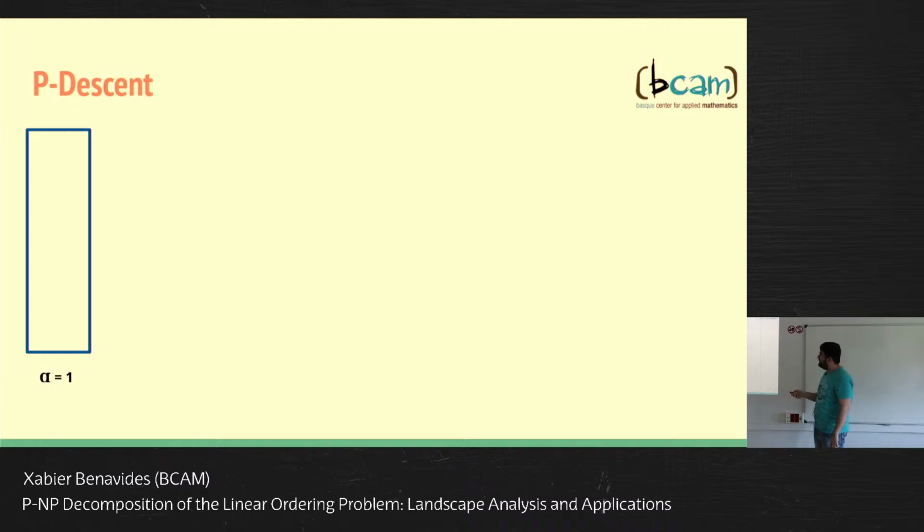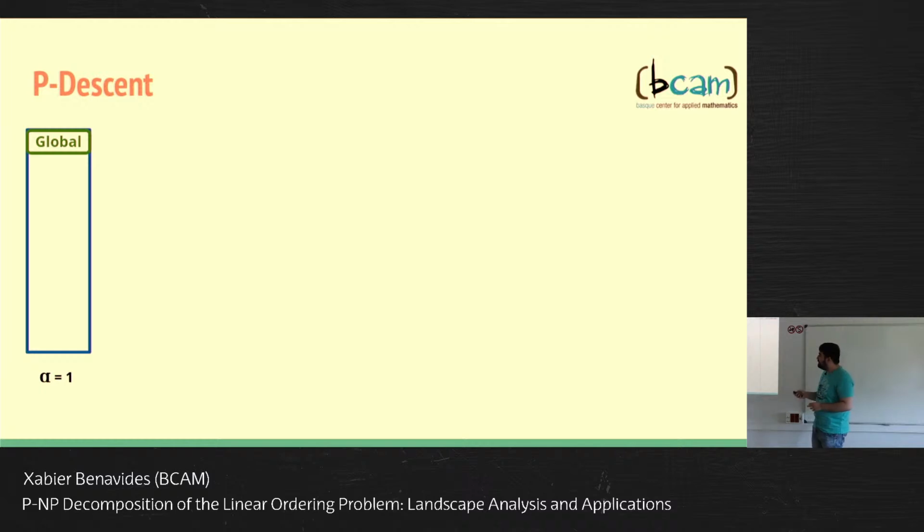Once it has done that, the next step is to compute the global optimum of the P component of the problem using the technique that I explained at the beginning of this presentation. If we continue using the notation we have used until now, this P component is the modified problem with alpha equal to 1.